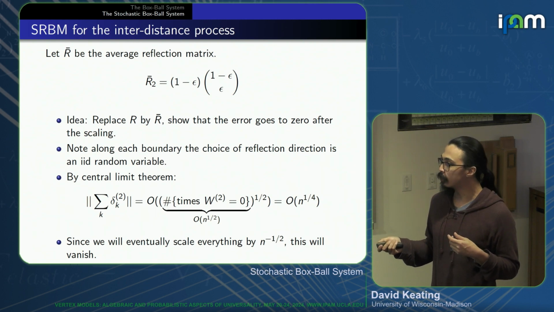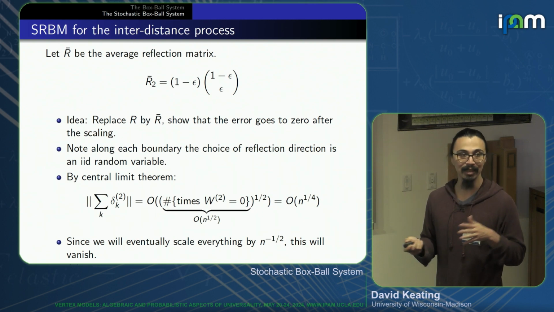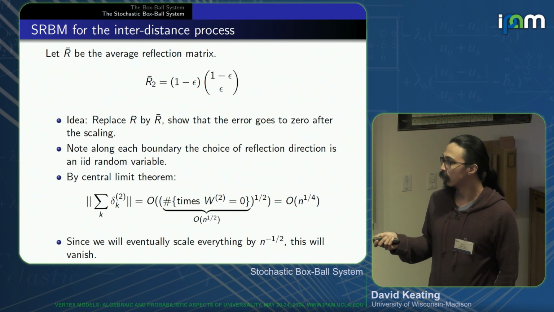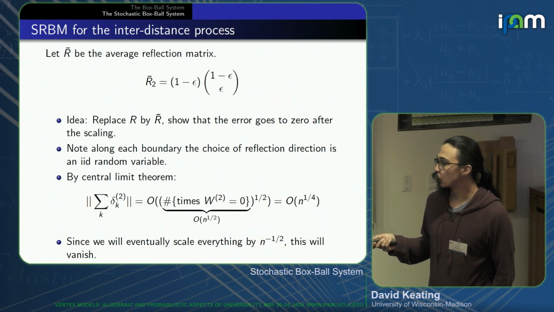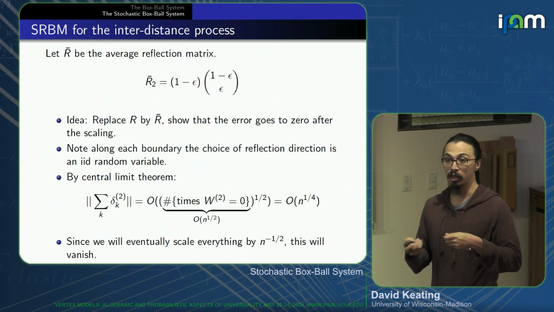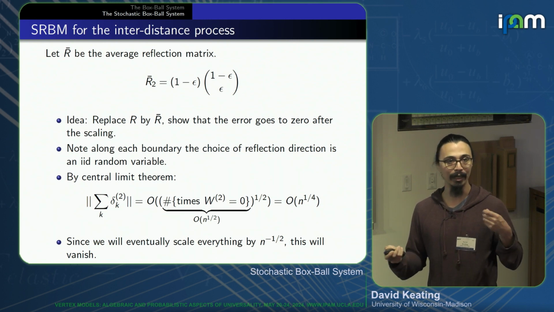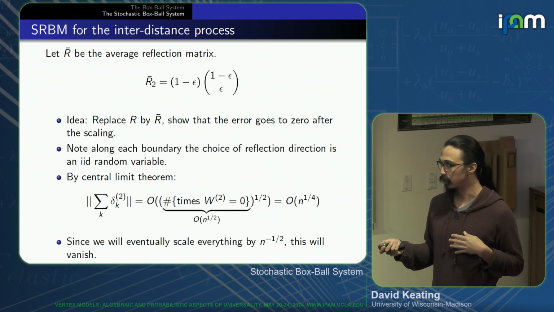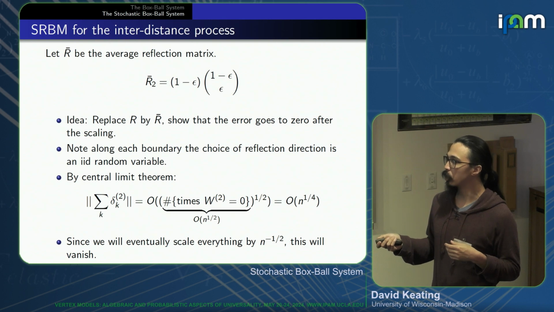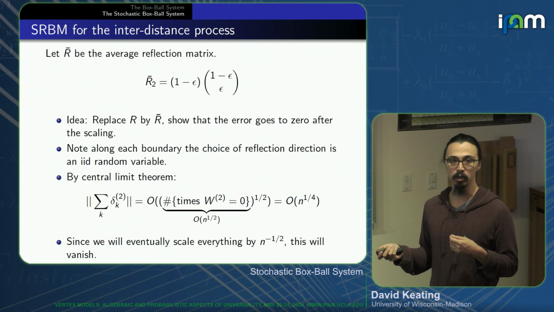So we can use the central limit theorem and bound how big the size of the sum is. And in fact, it will be the square root of the number of variables we're adding up, right? That's what the central limit theorem tells us. And this time, the number of variables we're adding up is exactly the number of times we hit the boundaries.